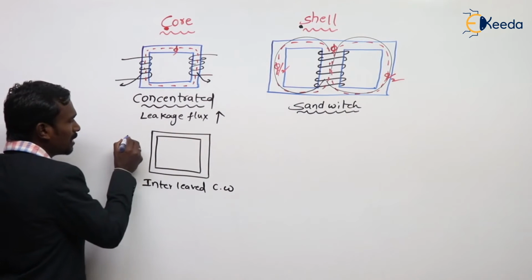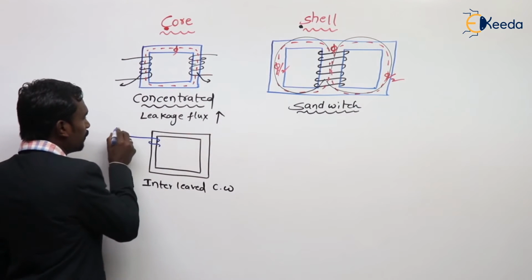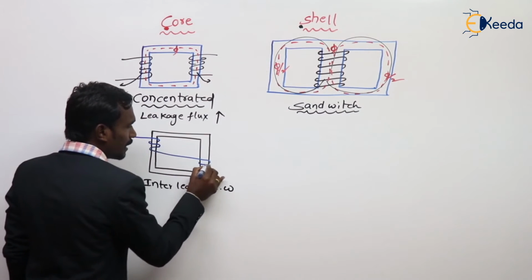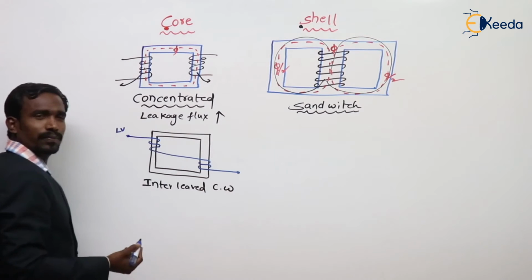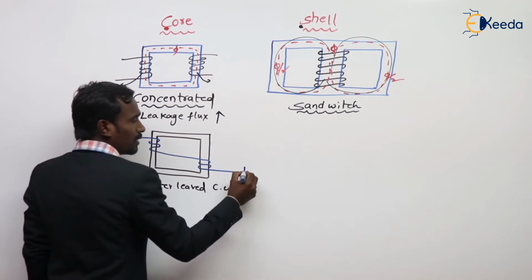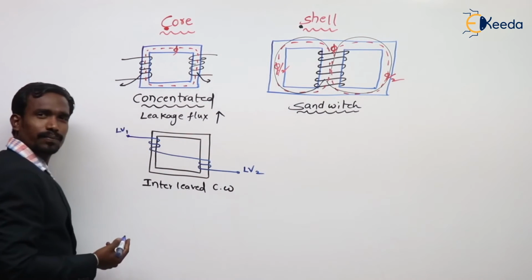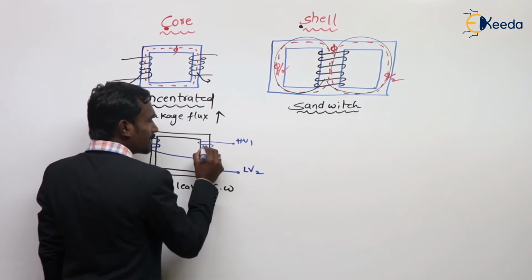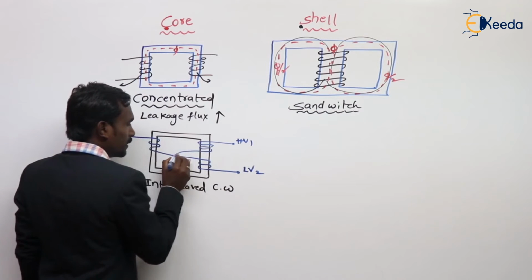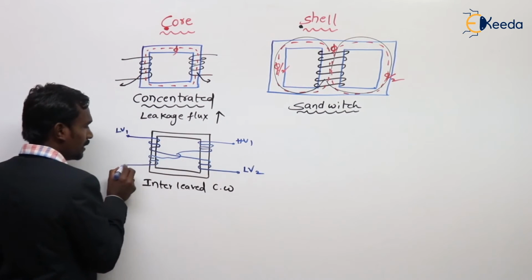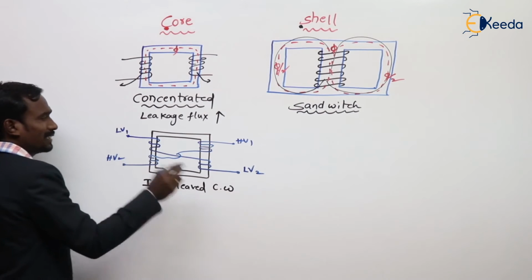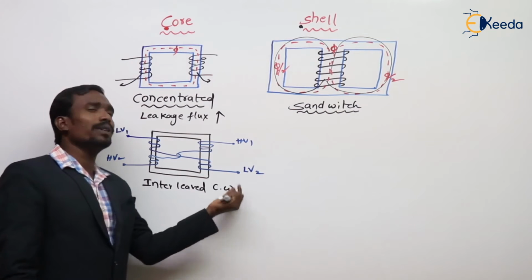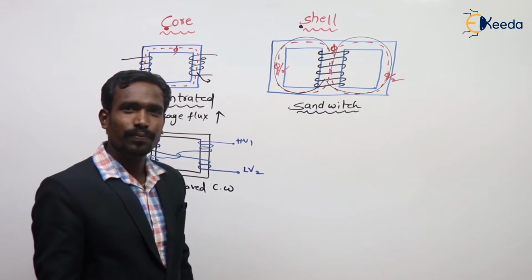Sir, how is it? For example, see, this is the LV winding. Started here, but ending is here. This is the LV1, this is the LV2 terminal. For example, the HV winding is taken here, started here, but ending here. Like this. This type of winding is called interleaved concentrated winding.